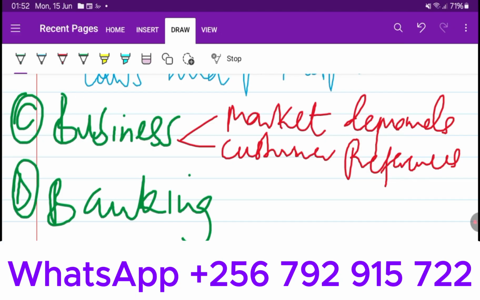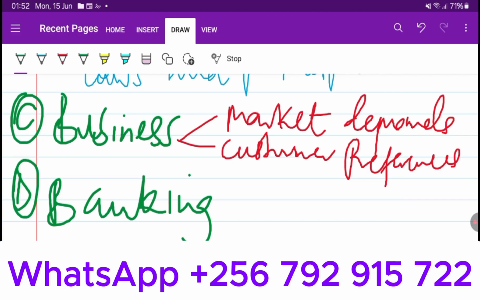We know banking is all about creating credit. And here in banking, most of the time we are going to be talking about the central bank and the commercial bank, but mainly the commercial bank.